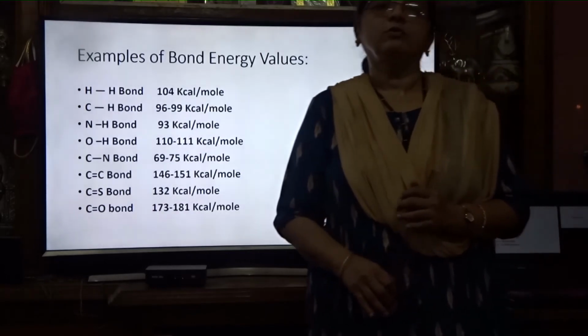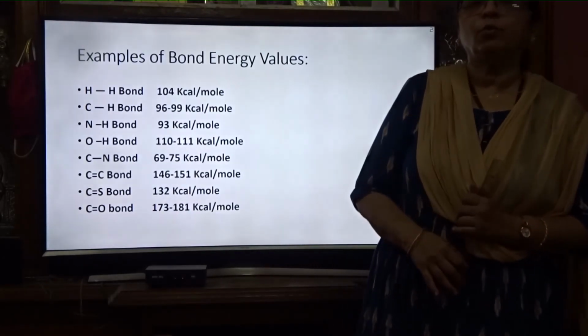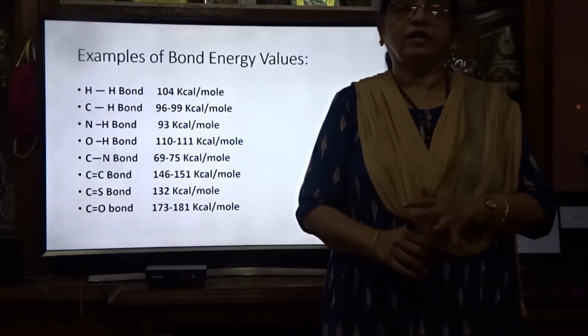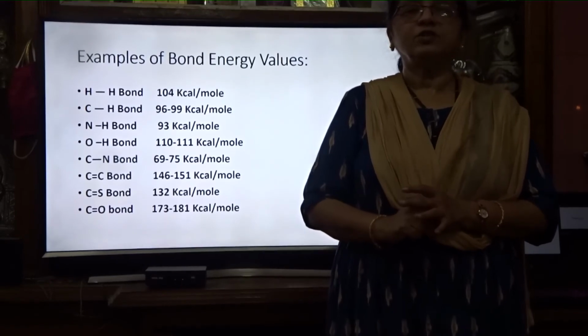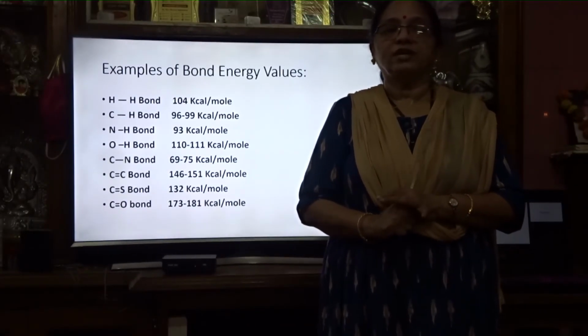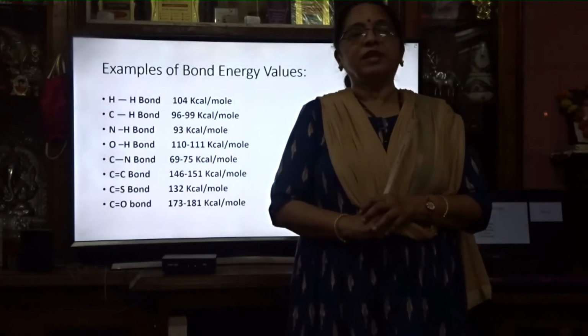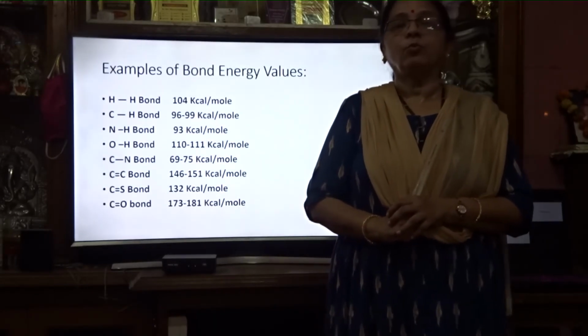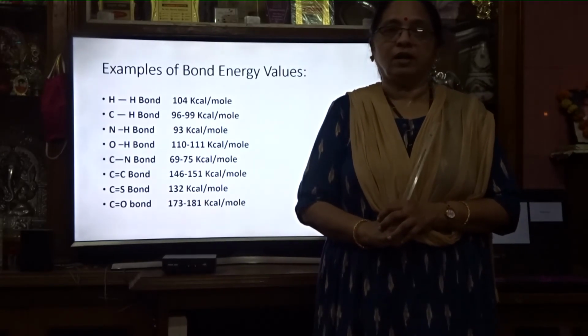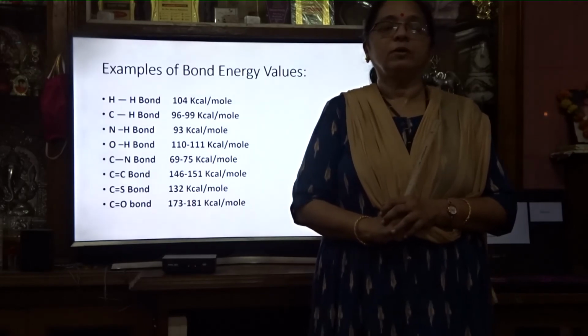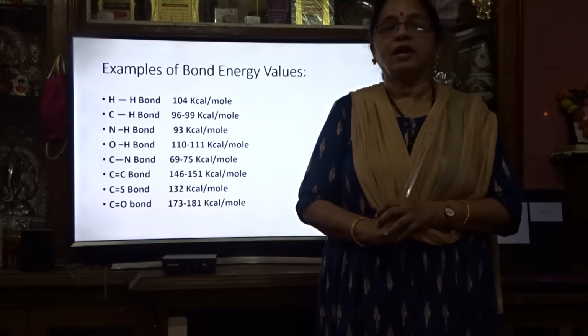Today we have seen bond length, bond angle and bond energy. Bond length is the distance between two bonded atoms. Bond angle is the angle formed by two bonds and three atoms. And bond energy is of two types: bond dissociation energy and average bond energy.